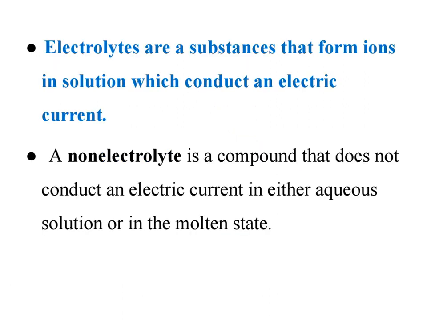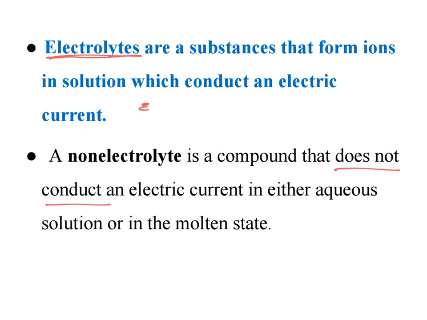An electrolyte is a substance that forms ions in a solution which conduct an electric current. These we call as electrolytes. A non-electrolyte is a compound that does not conduct an electric current either in aqueous solution or in the molten state, that we call as non-electrolyte.